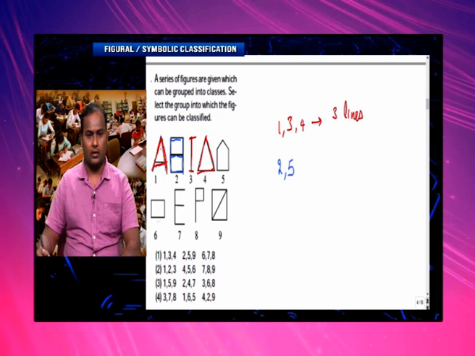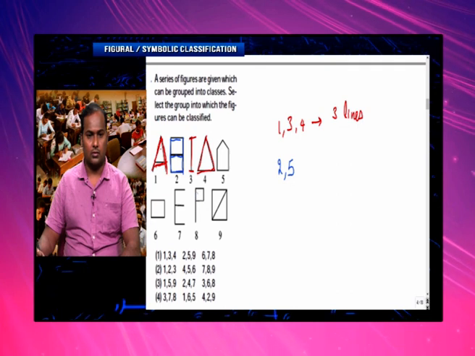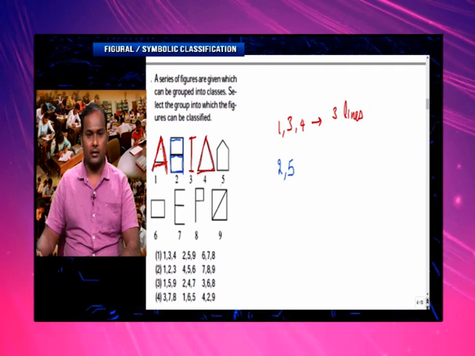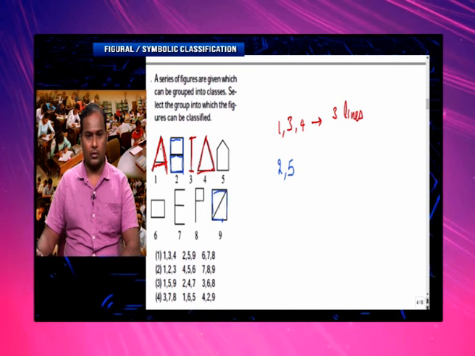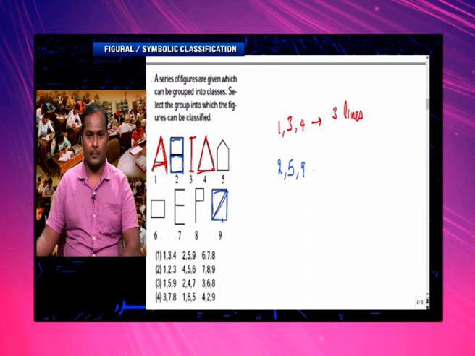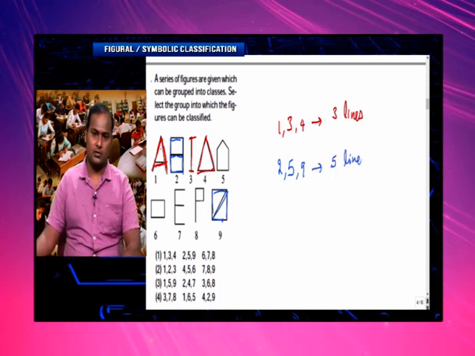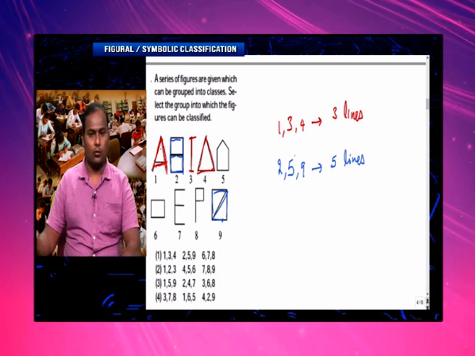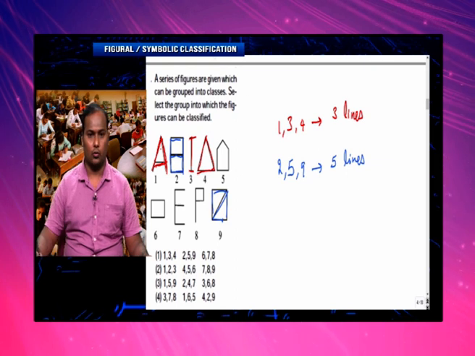See 6, only 4 lines. 7, 4 lines. 8, 4 lines. So 9 again 5 lines. This is 1, 2, 3, 4 and again 5 lines. So 2, 5, 9 has a total of 5 lines. So based on the character of 5 lines, we grouped 2, 5, 9 into one particular group.